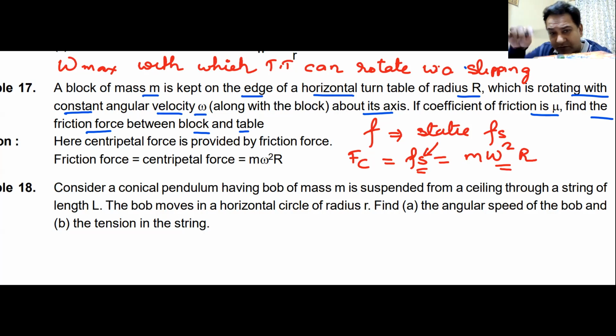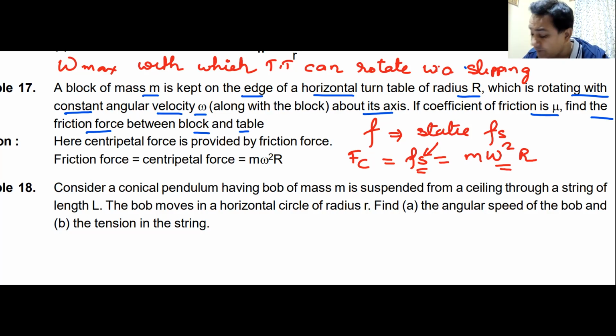If the turntable and block are smooth, I cannot rotate it very fast because then it will slip. So basically, what is restricting my velocity is the friction force between the block and the turntable.